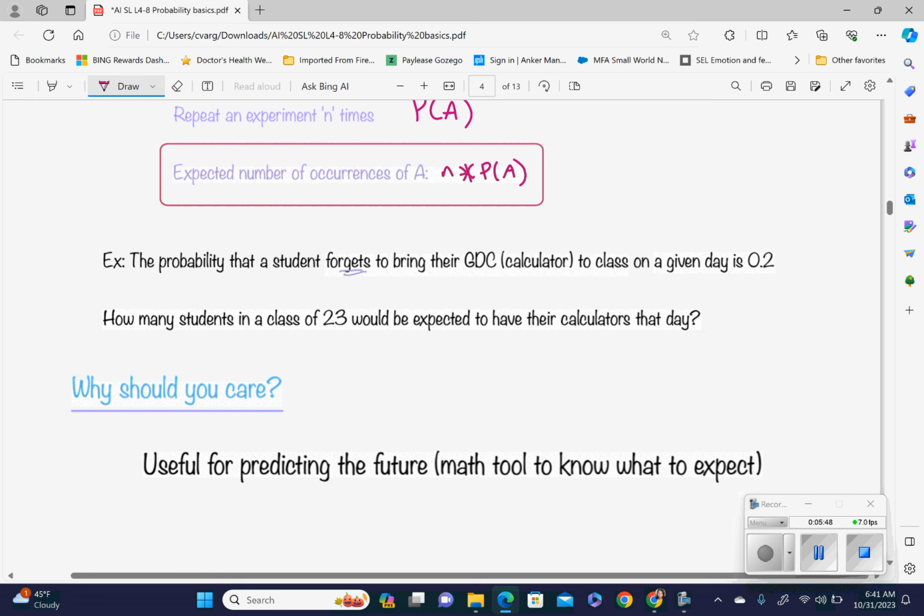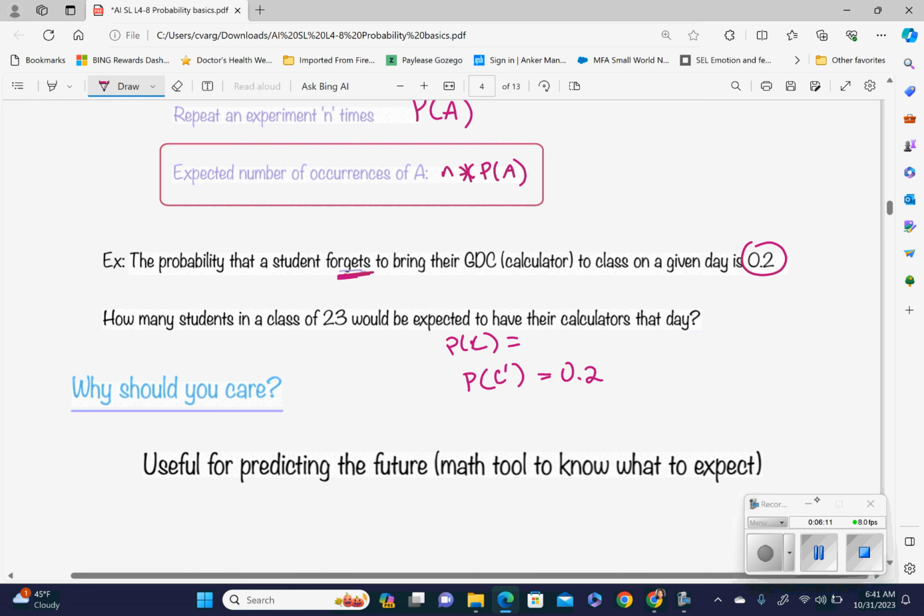So the probability that a student forgets to bring their calculator to class on a given day is 0.2, right? So you have the probability of calculator and then the probability of not having their calculator. Not having their calculator, they tell us clearly, is going to be 0.2, so that's going to be this number right here. So we need to figure out what this is right here.